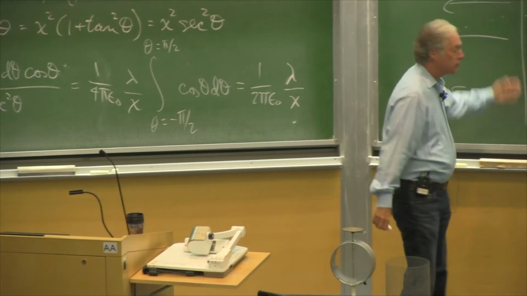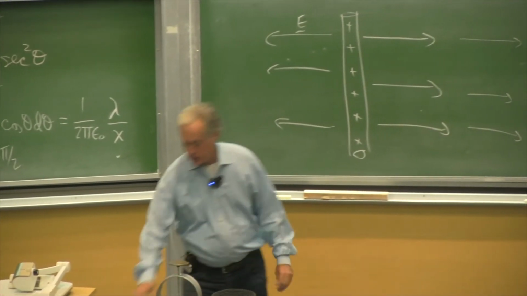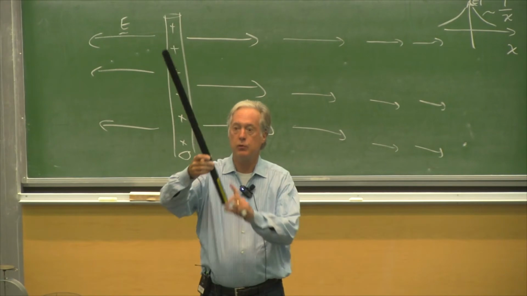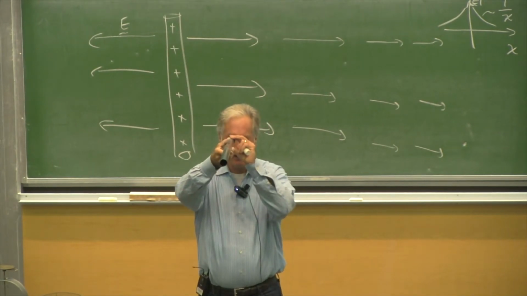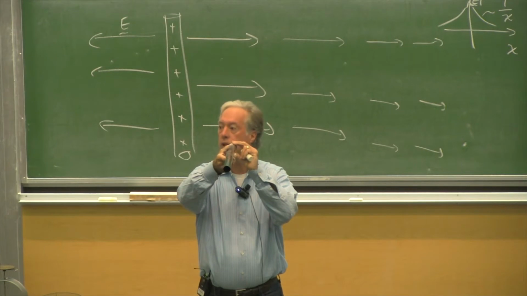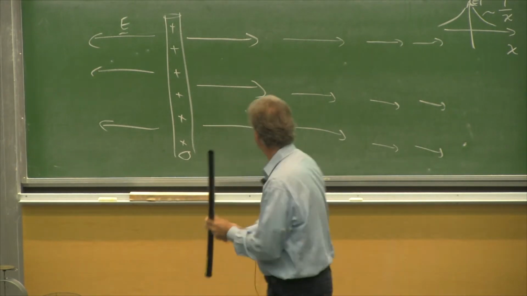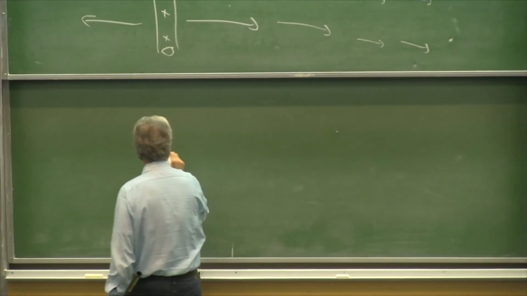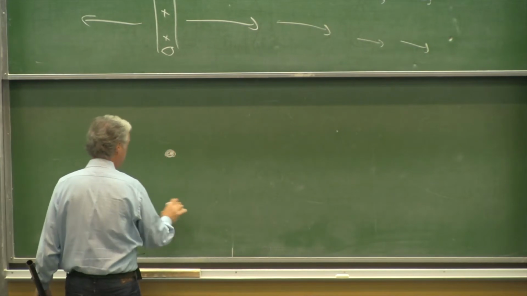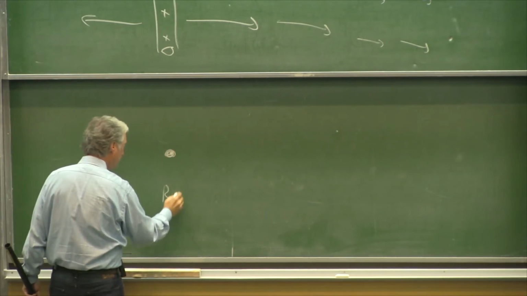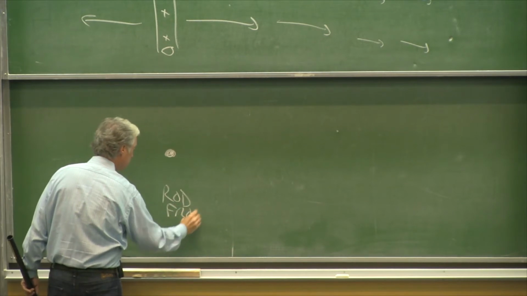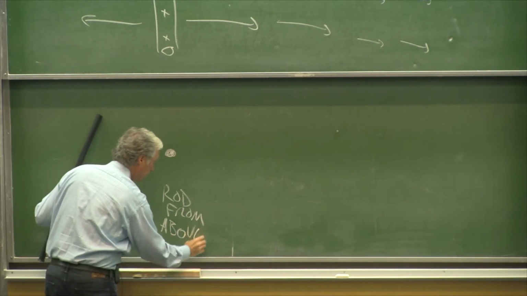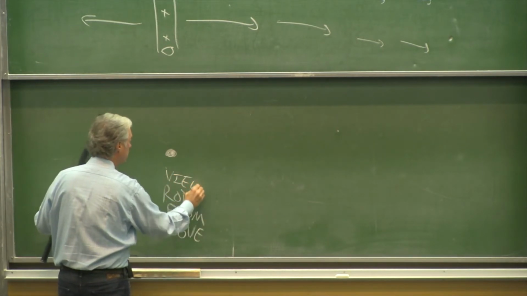If we were to view this from above, we could think of this as a line of charge. Now let's view it from above, okay? Got the picture? What do you see? If we did the drawing from above, here's the rod, a rod from above.